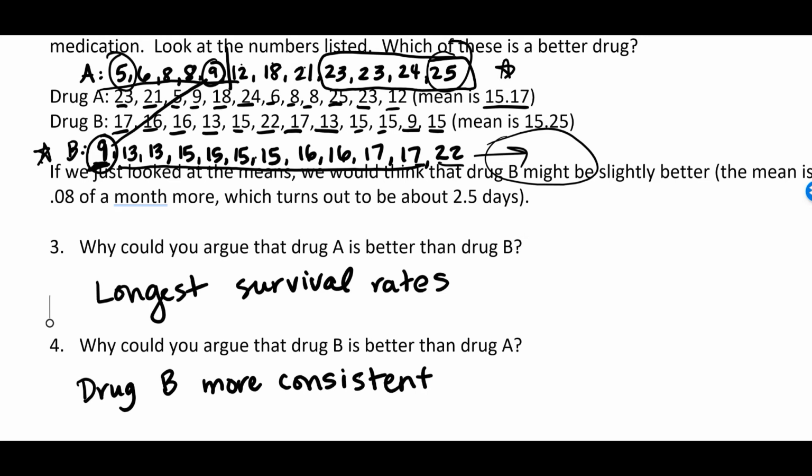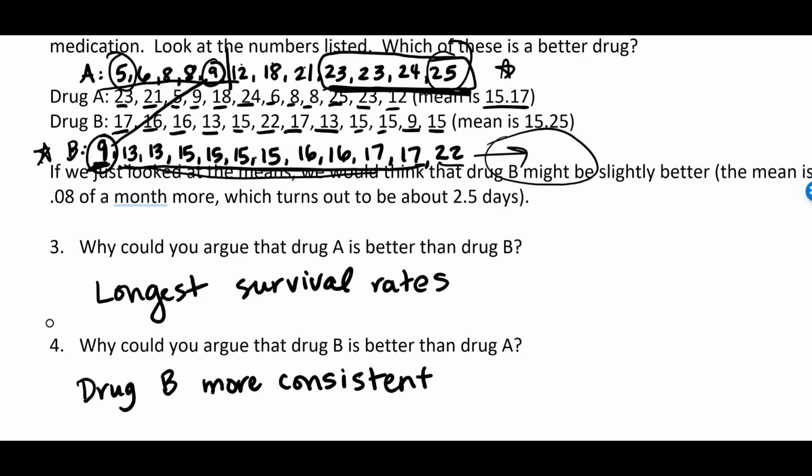Are you the kind of person who wants to risk it to go big and hope that you're one of these people who end up with a lot more months? Or do you want to play it more safe and say, looking at this, I'm pretty likely to get at least a year? I'm not going to get 2 years, but at least I'm going to get a year with B. Honestly, there's no right answer; it's a personal decision for everybody.